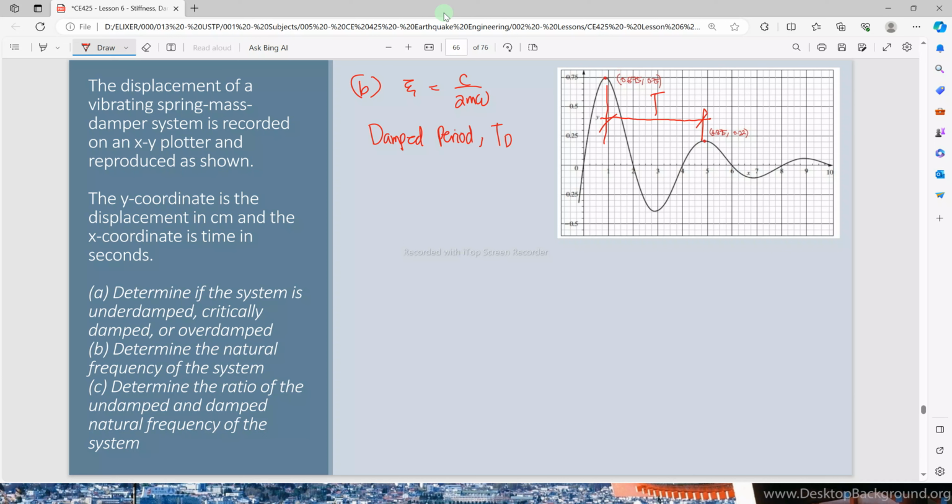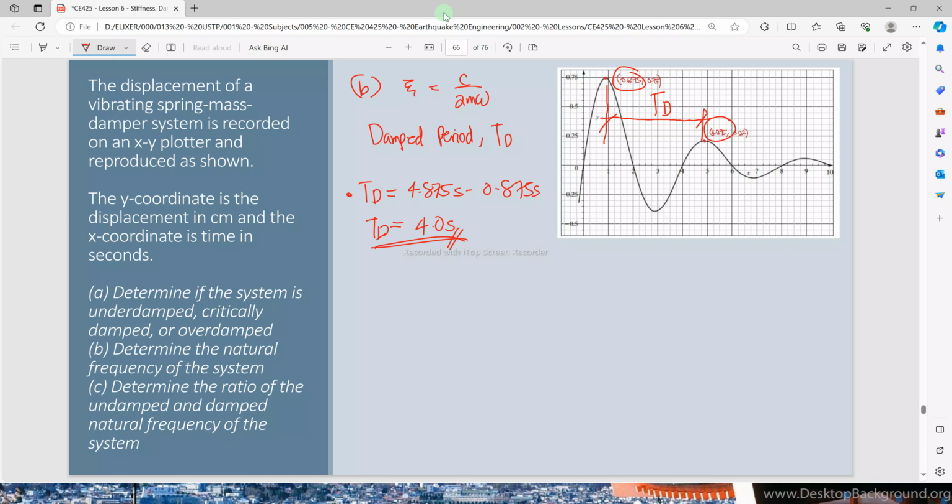It shows one cycle. So our damped period is just equal to the time here minus the time here. That is 4.875 seconds minus 0.875 seconds. So our damped period is 4 seconds to complete a cycle.